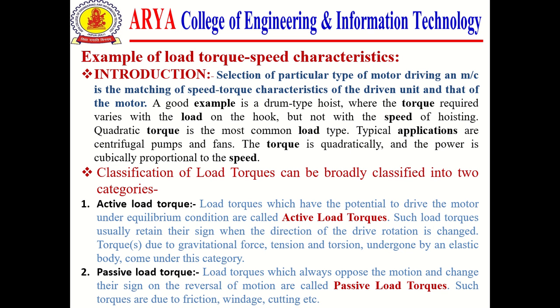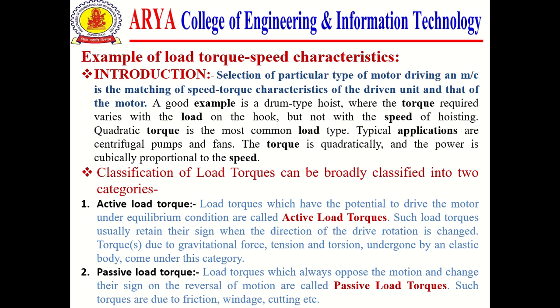The selection of a particular type of motor for driving a machine is the matching of the speed torque characteristics of the driven unit and those of the motor. This is the key point for understanding the problems of the drive system.